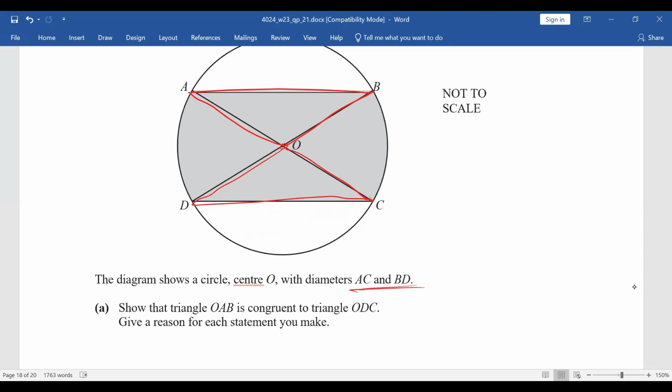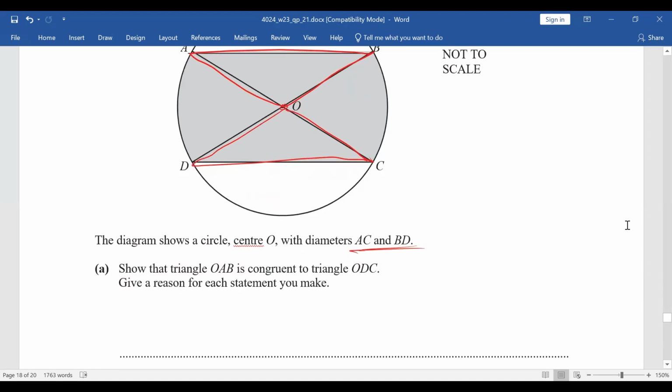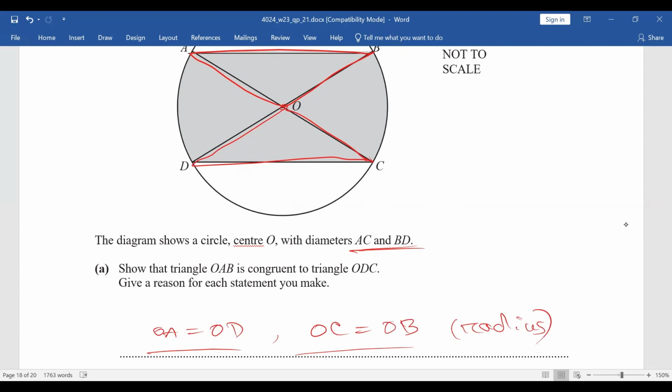So OA, OB, OC, OD all are radii and all are equal. So we can write like this: OA equals OD and OC equals OB. Same radius. The reason behind these two equalities is radius.